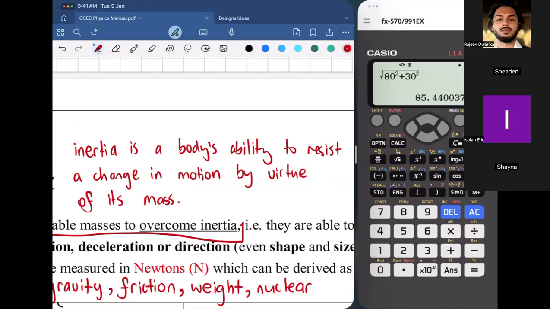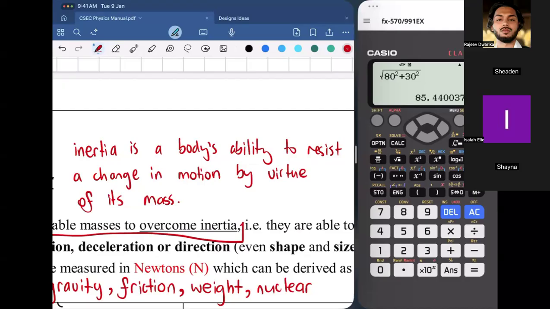Isaiah, if a body is in motion, would it possess less inertia or more inertia? What I'm asking is, if you have a body moving, would it be easy to stop it, or would it be hard to stop it?